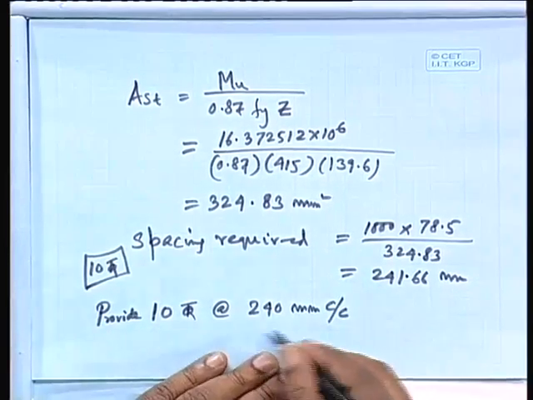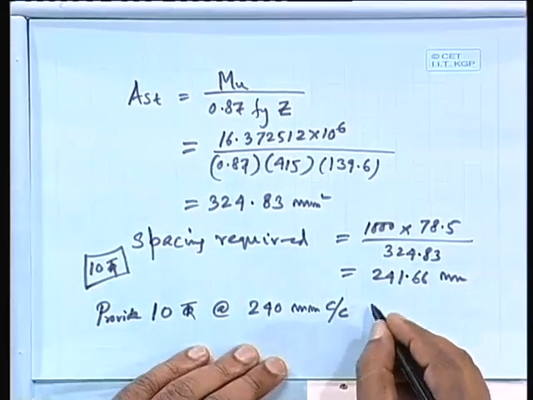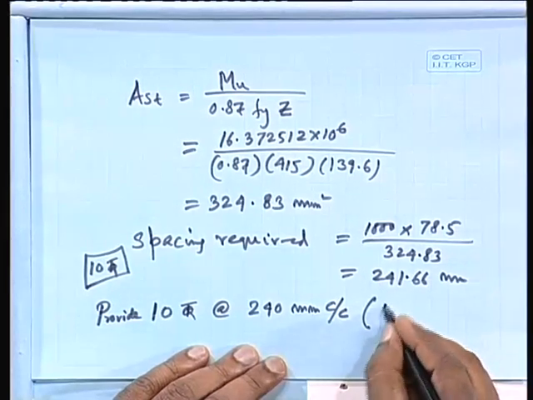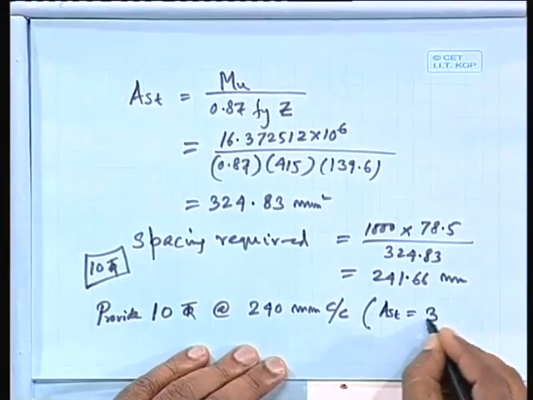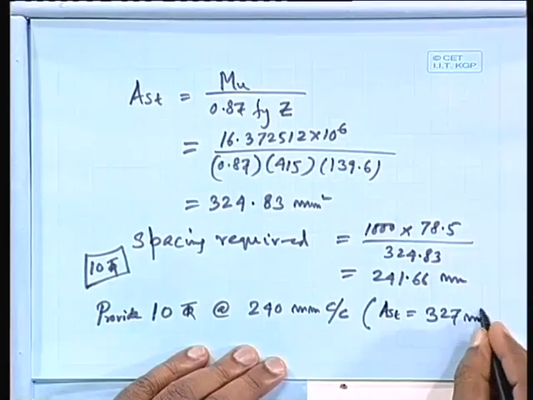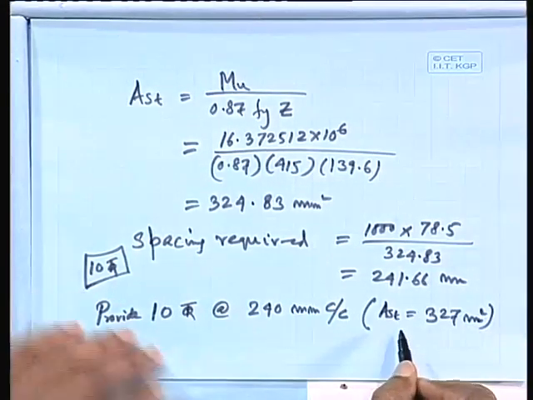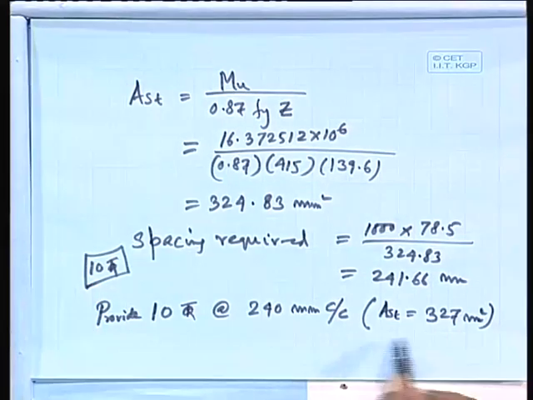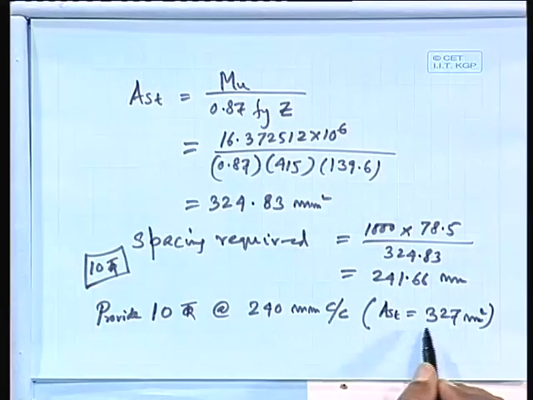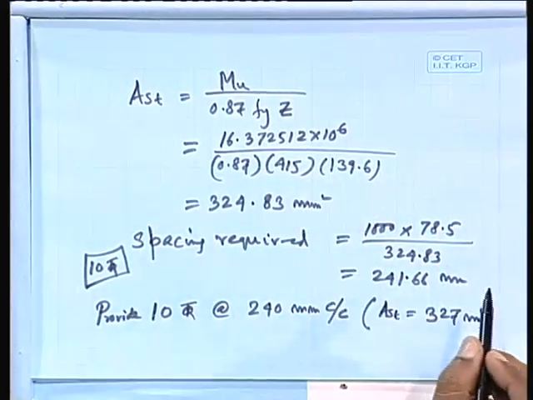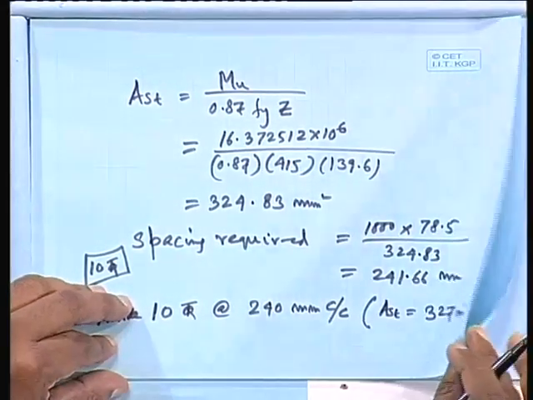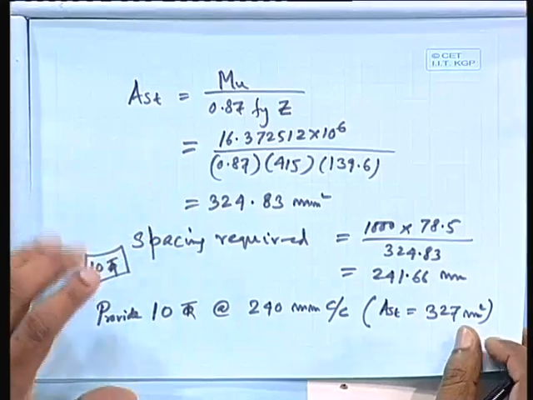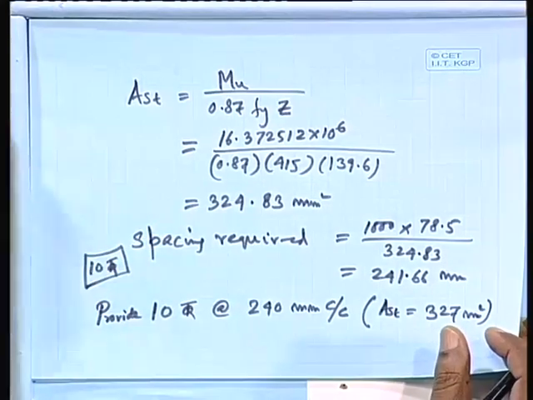We can go a little less also, but anyway, this comes as AST 327 square millimeter. It is always necessary to write down how much area of steel you are providing, because you may require it later on. Last time also you have written it, so that you have to check it. So up to this, we have provided the area of steel in the longitudinal side as well as in the shorter side.